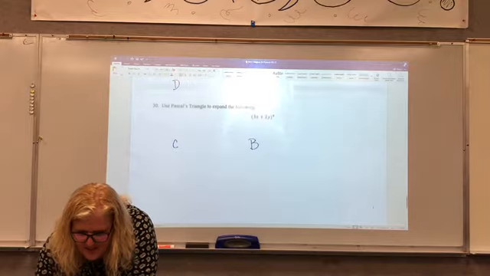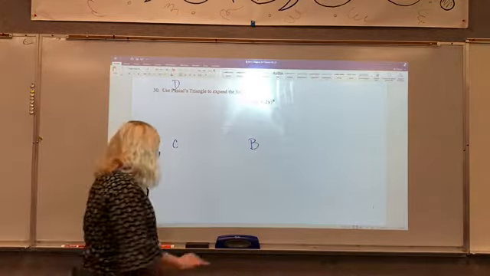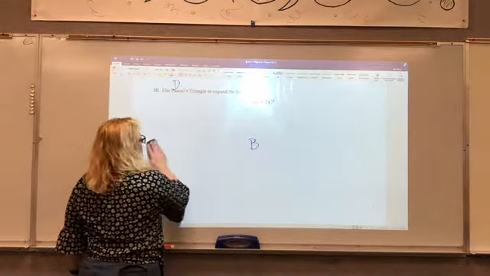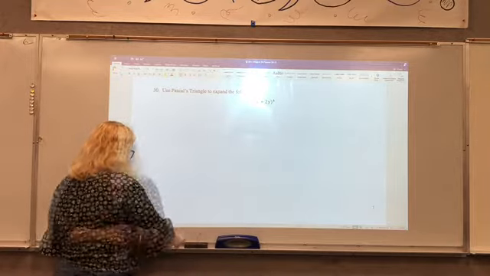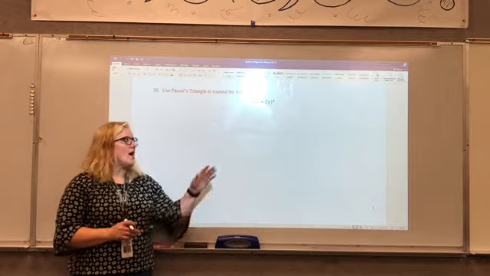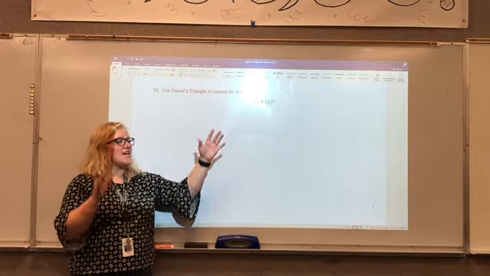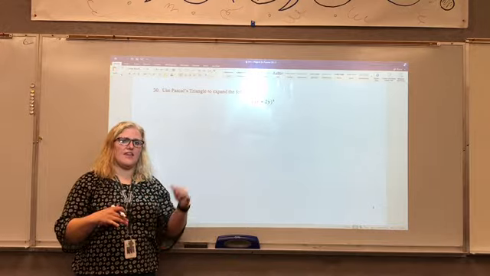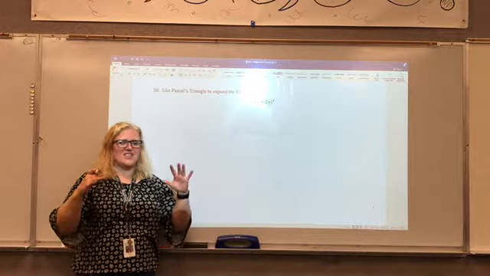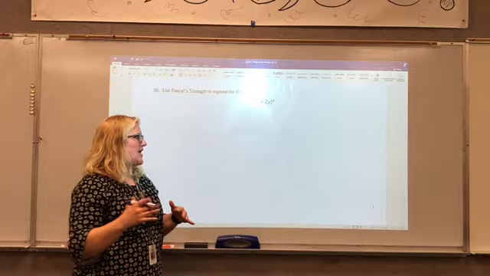All right, finally, using Pascal's triangle to expand this. All right, so I am going to set my Pascal's triangle up so I can see what I've got, and then I'm going to make my little table kind of a thing.